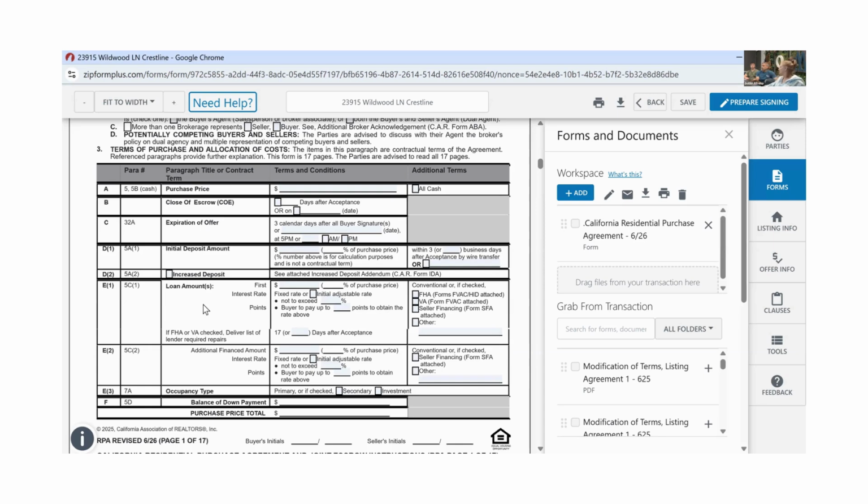All right, I do have a question. I don't fill that out. Obviously you have to put the first, and then you have to put if it's FHA or whatever. But besides that, I don't fill that out because I didn't want to be bound to that. Is it binding? Well, I wouldn't say so, because it can change.